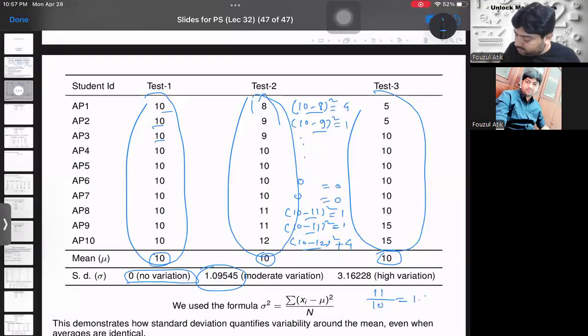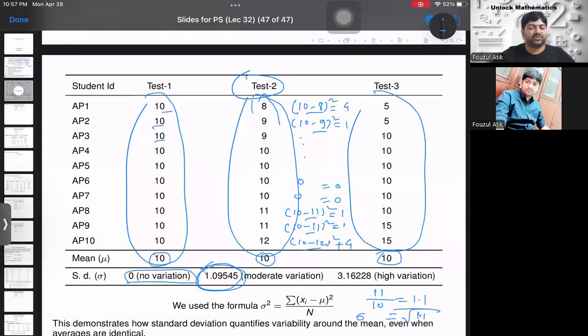So it is 1.1. This is the variance for the second test. The standard deviation sigma is the square root of 1.1, which is 1.09.